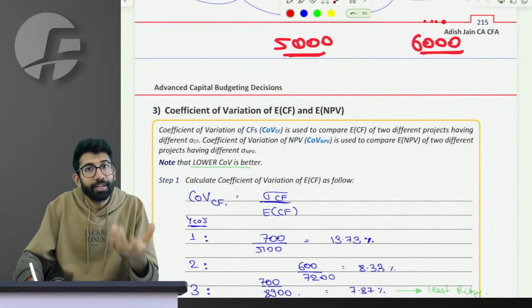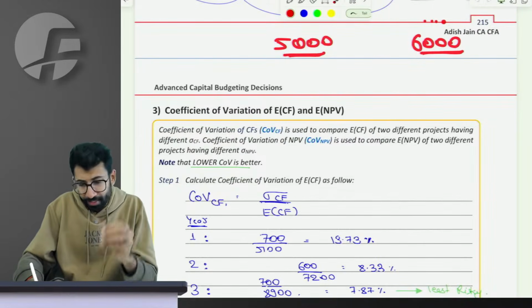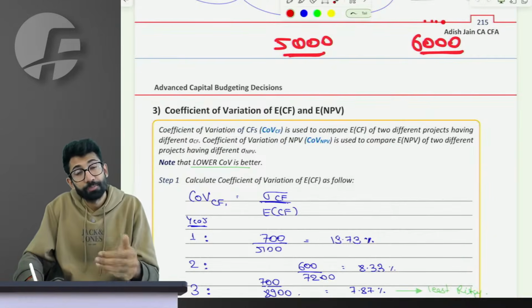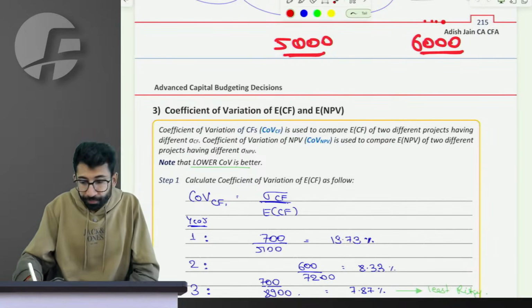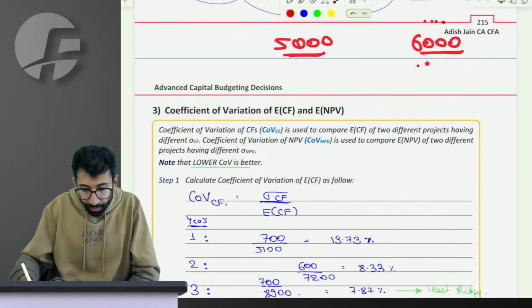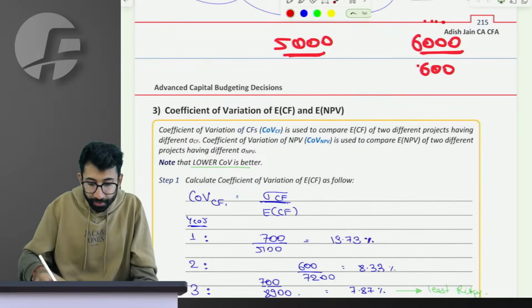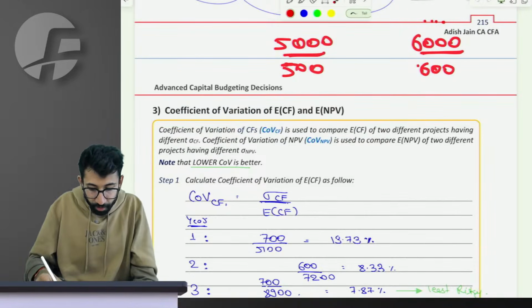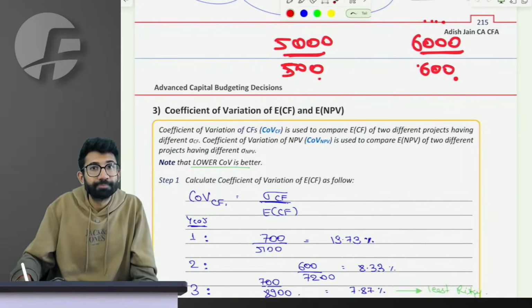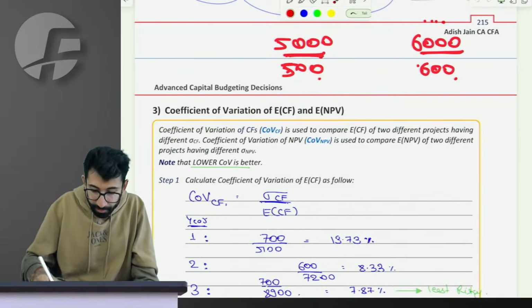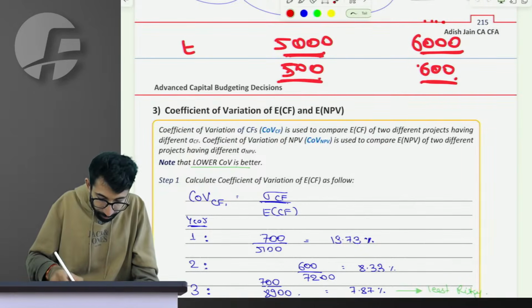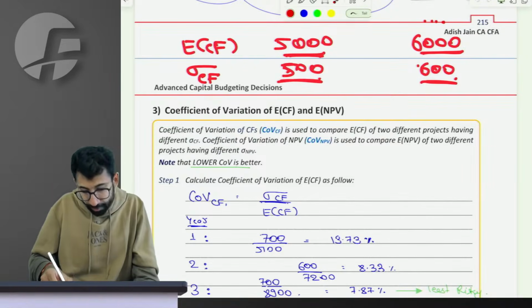Due to the higher expected return, it has a higher expected risk also. So it has a standard deviation of, for example, 600, and the other has a standard deviation of, for example, 500. This is the expected cash flow and this is the standard deviation of cash flow.